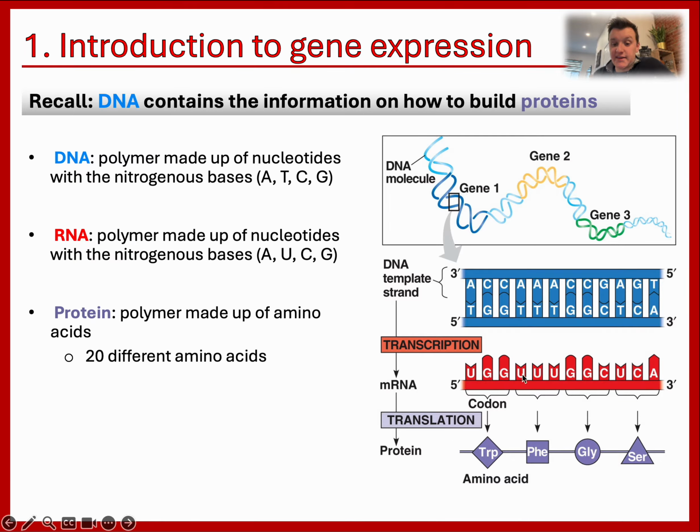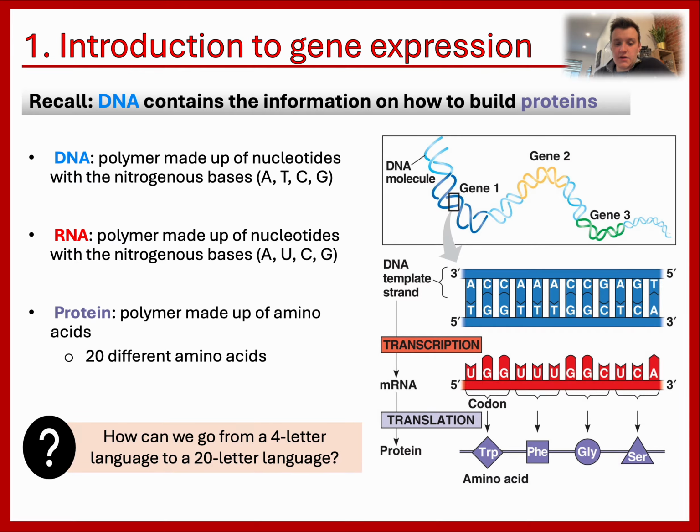We're going to see that in the mRNA, 3 little bases form a codon, which will encode 1 amino acid, okay? So we'll see that later on. How can we go from that 4-letter language to the 20-letter language, right? Here we have only A's, T's, C's, and G's, and then in RNA, A, U, C, and G. How do we go from this A, U, C, G and then form huge proteins that are so different?